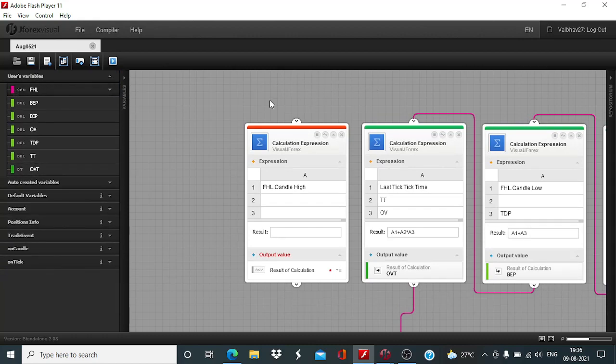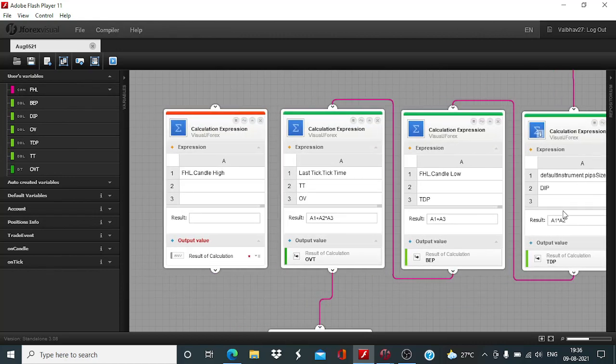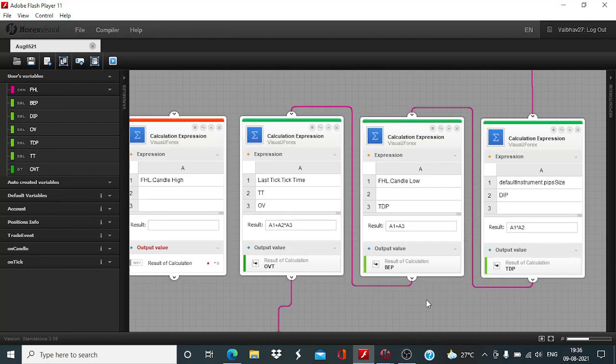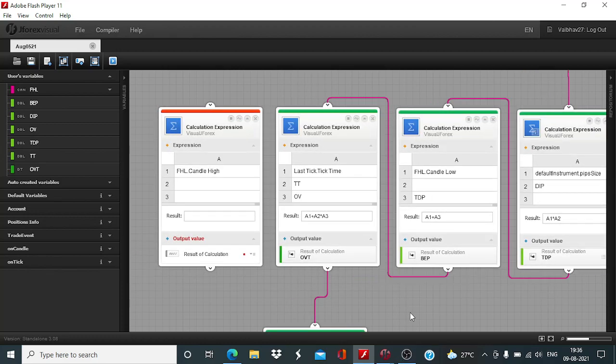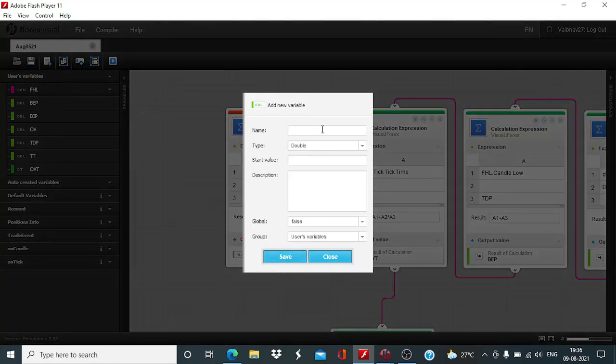And from this value, I will deduct TDP. This is the variable with value of 10 pips. Our equation is going to be A1 minus A2, and this will be sale execution price SEE.